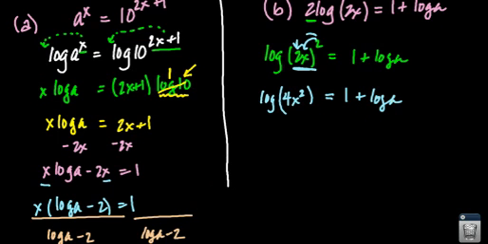If you'll remember from when we studied these initially, if there's not a number written as the base, as we talked about on the last problem, we're in base 10. So we're going to say 10 to the 1 plus log of a power equals 4x squared. Remember, we're switching this from a log to an exponent.